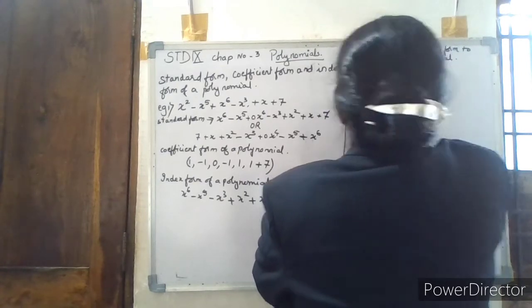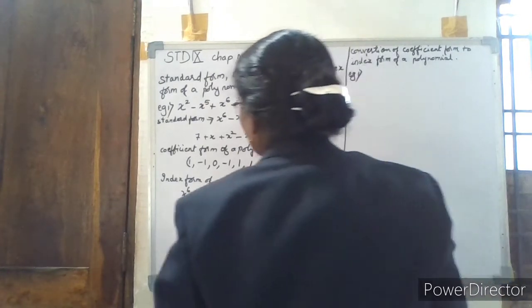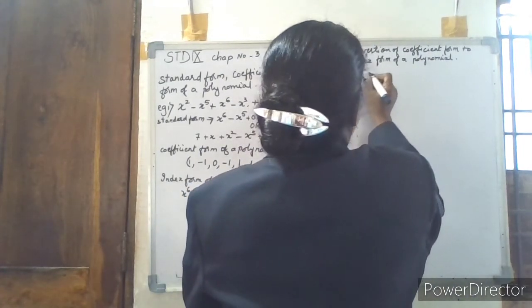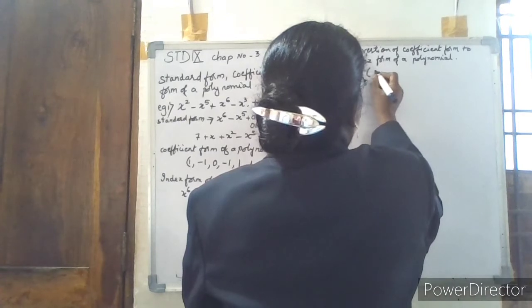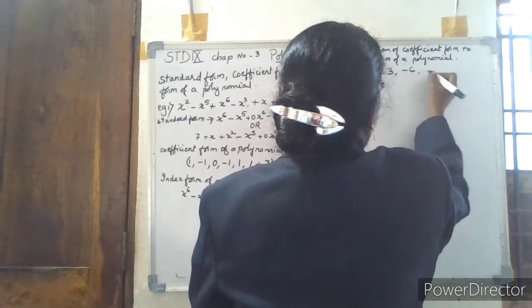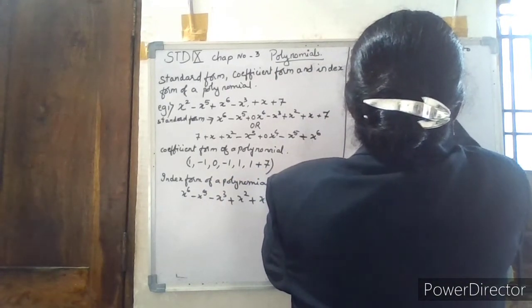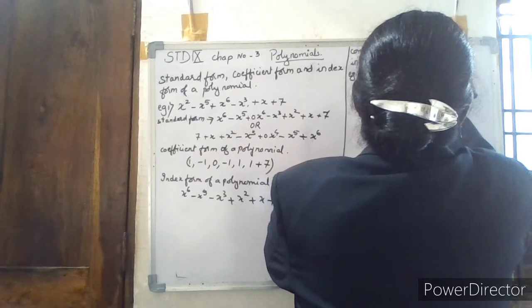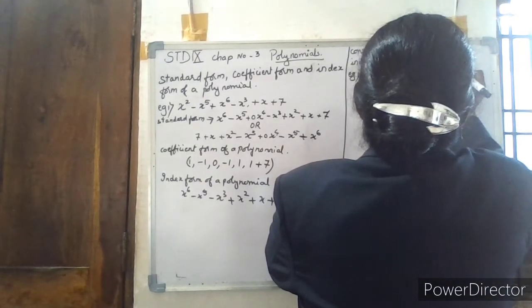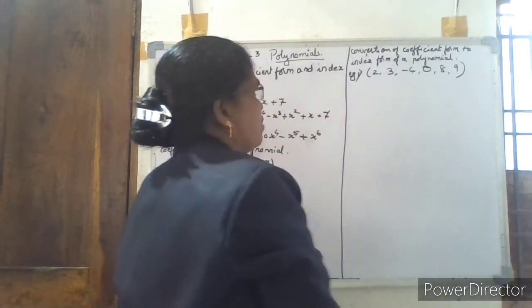Example 1. Suppose the coefficient form is given like this way, and here also 0 is there.